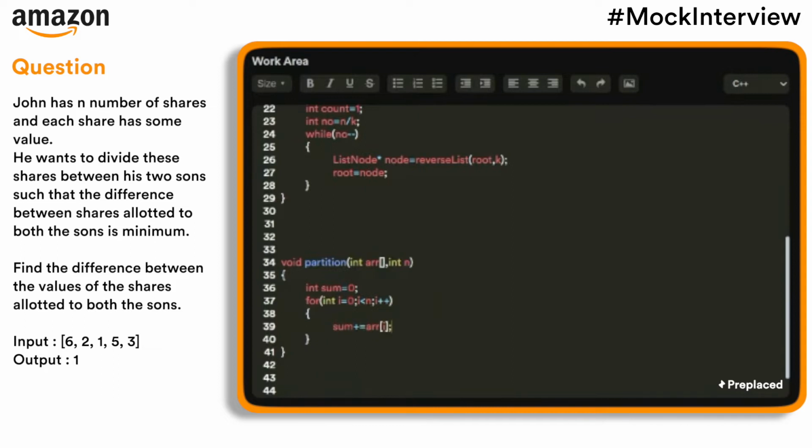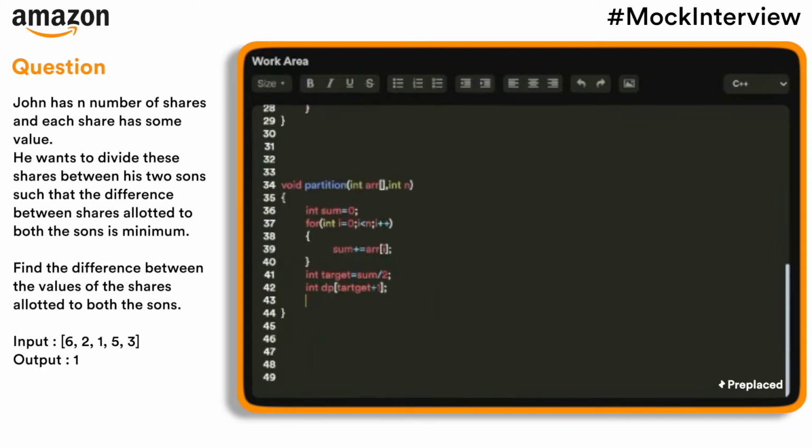So first, I'm finding the total sum. Then the target value would be sum by 2. So I would declare an array with size target plus 1, and then start iterating.